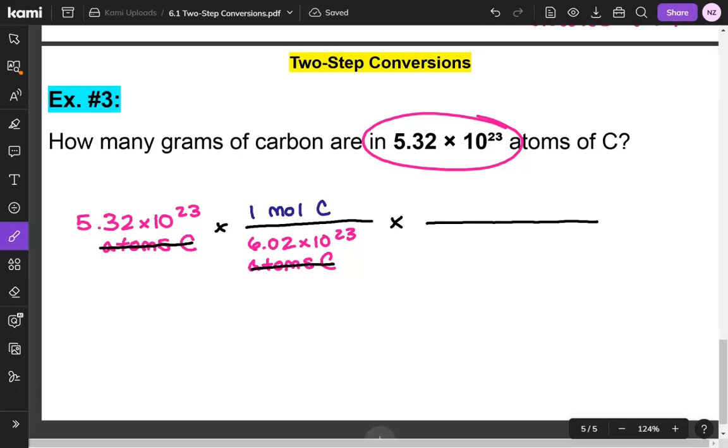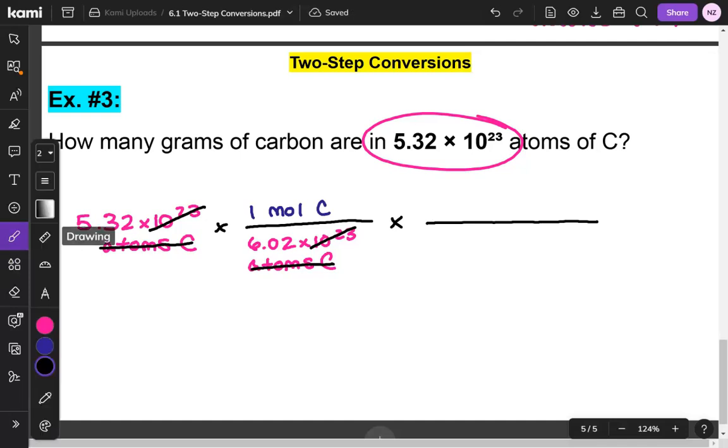And we're lucky because we have times 10 to the 23rd, so I can cancel that out. It makes our life a little bit easier. And now we're going to convert from moles to grams. So for every 1 mole of carbon, I can just look on the periodic table, and carbon is 12.01 grams. So my units here are going to cancel.